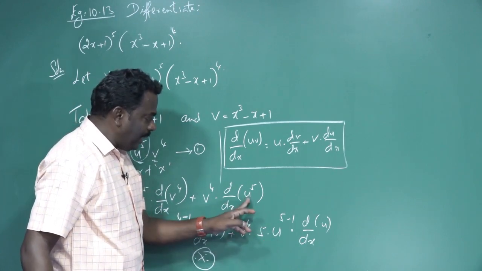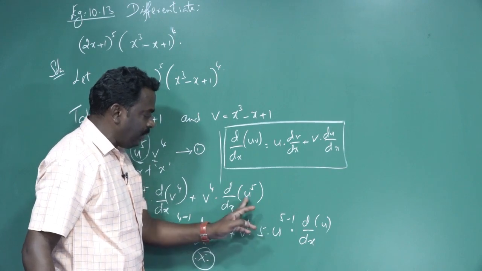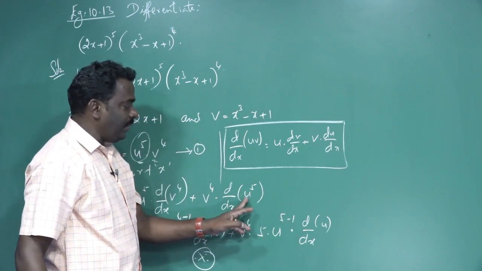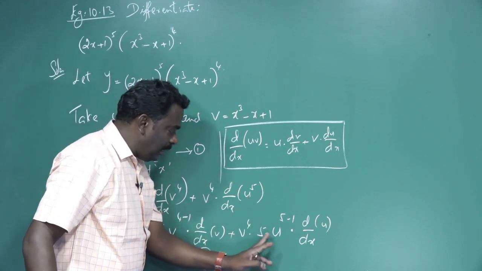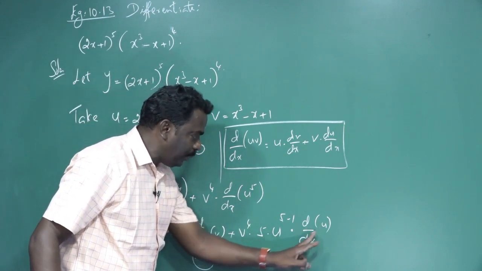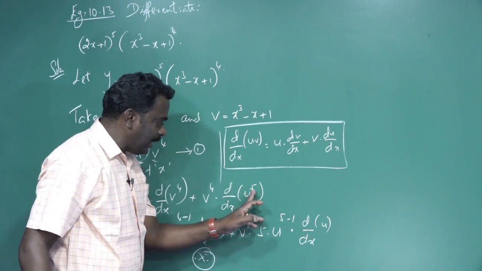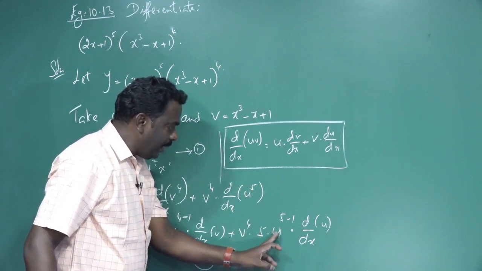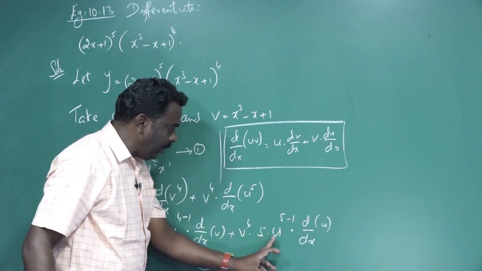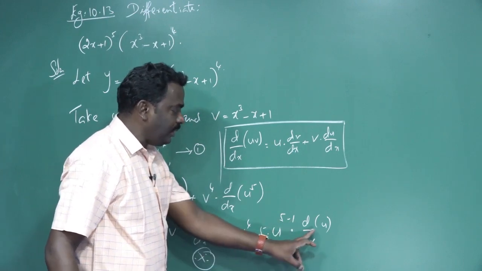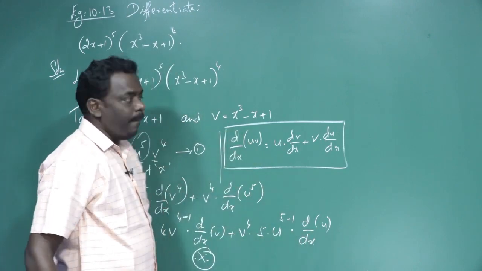If we had x, differentiating x with respect to x is 1, no need to write the differentiation. But here we have the function u, so we differentiate the u function with respect to x. Therefore the derivative of u^5 is 5 into u^(5 − 1), n into x^(n − 1) but with u instead of x, and again we differentiate the u function with respect to x.